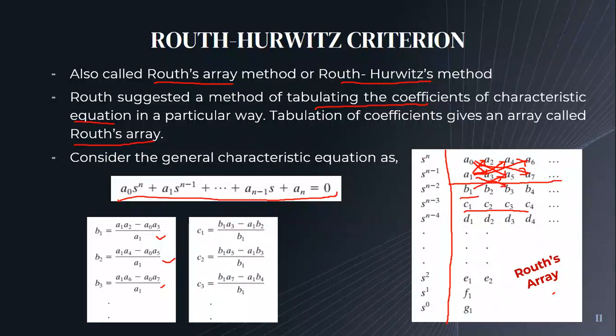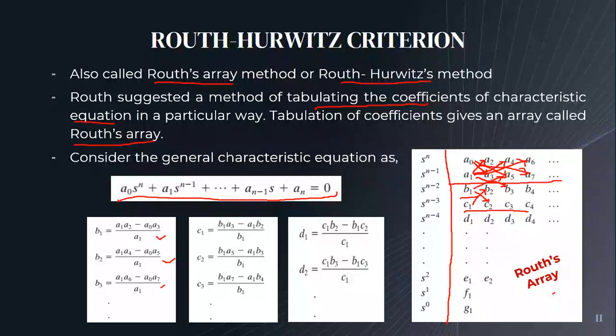For D1, C1 into b2 minus b1 into c2, divided by C1. For D2, C1 into b3 minus b1 into c3, divided by C1. And similarly, I will be obtaining all the terms of this Routh series.